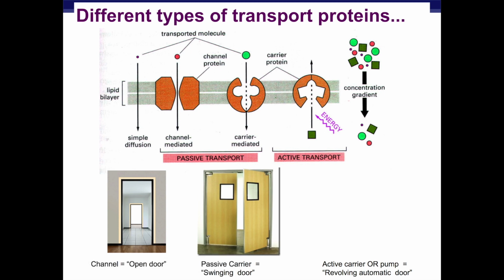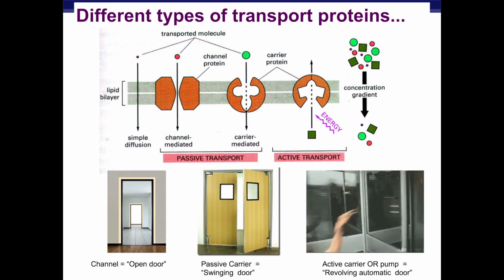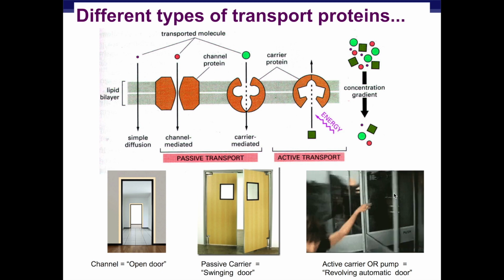So an active transport protein is using energy to force things through in a way that it may not naturally want to go. I like to think of it as a really aggressive swinging electric door.